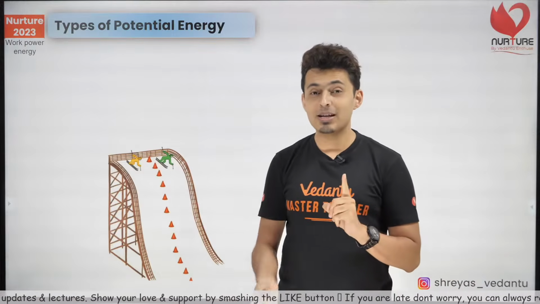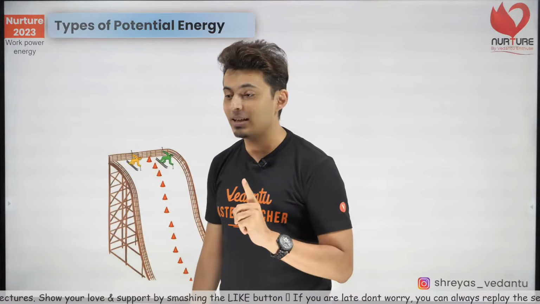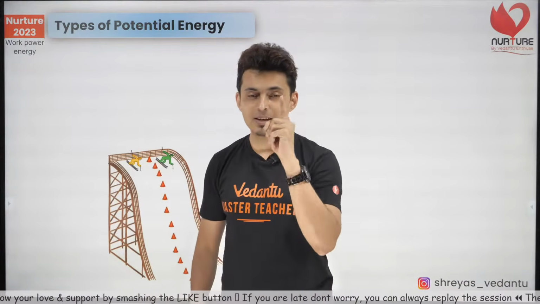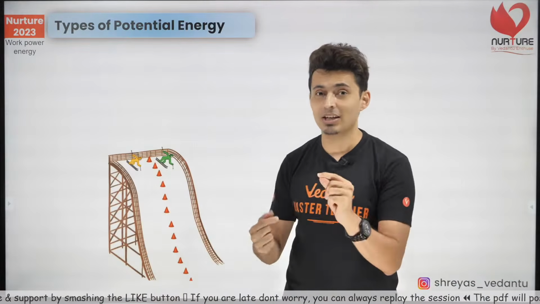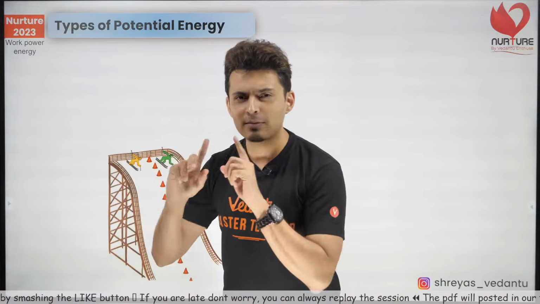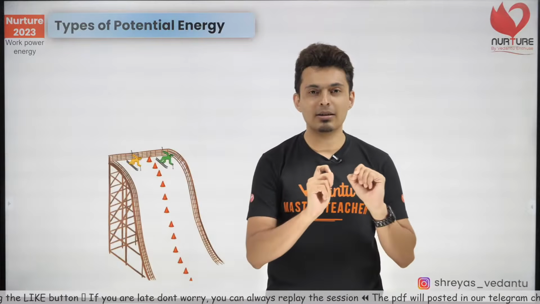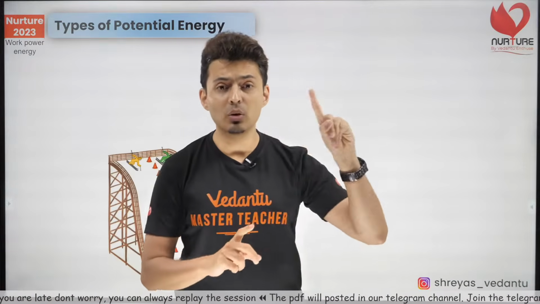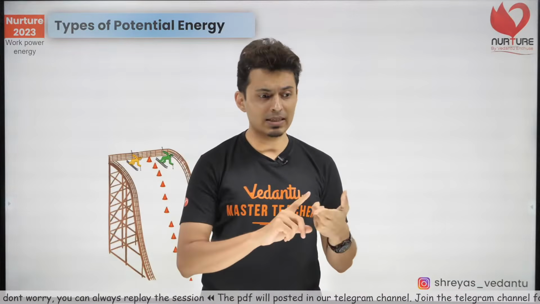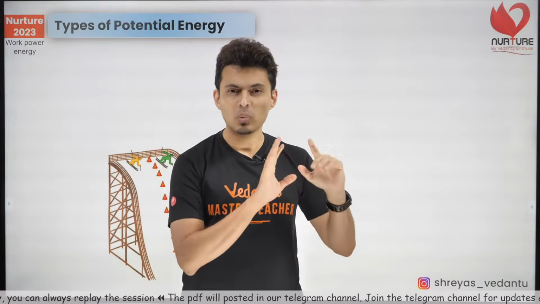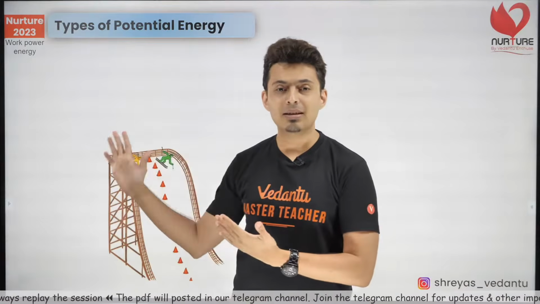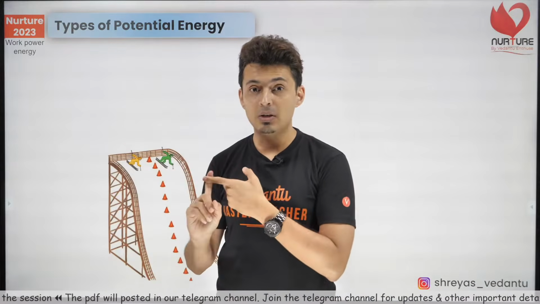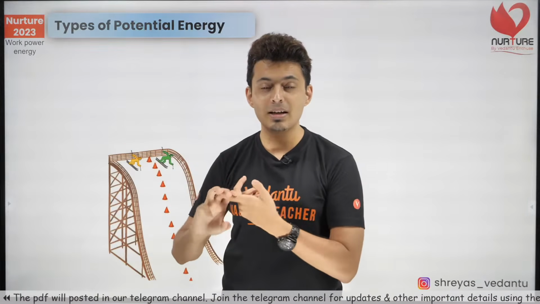No. Try to recollect what you have learned from the previous chapter or the previous session. I told you about conservative forces and non-conservative forces. Non-conservative forces, evil forces, they do not do zero work. Things like normal, friction, tension are non-conservative. Things which are conservative forces are gravity, electrostatic, spring, magnetic.